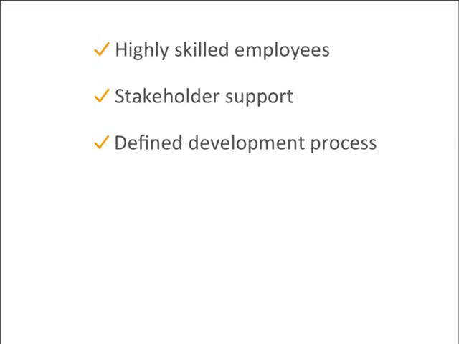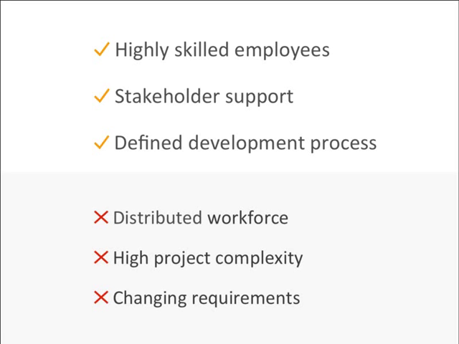We did have a defined development process, which is good, but it didn't span the entire organization, the entire process. Some of the problems that we had, and this is very common with most organizations, is that we had a distributed workforce. They were in many different geographical locations. But in addition, the project complexity was fairly high.